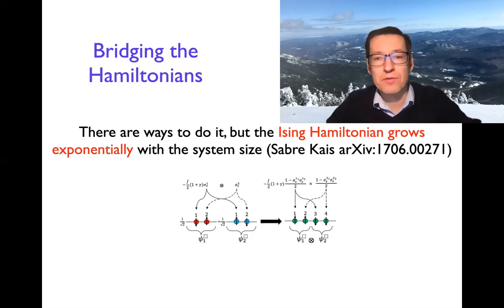A group of Sabre guys relatively recently published a work, I think in the Journal of Physical Chemistry A, where they showed that the mapping is possible between the Hamiltonians, but it produces essentially exponential growth of the Ising Hamiltonian when you increase the size of the system. So it's a difficulty, essentially.